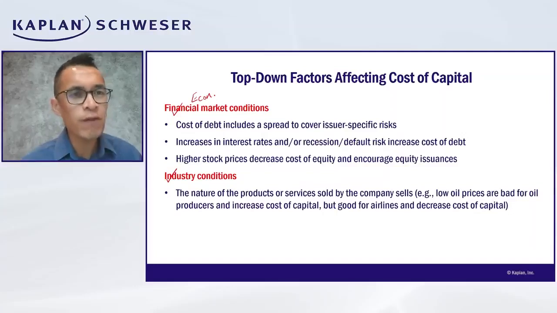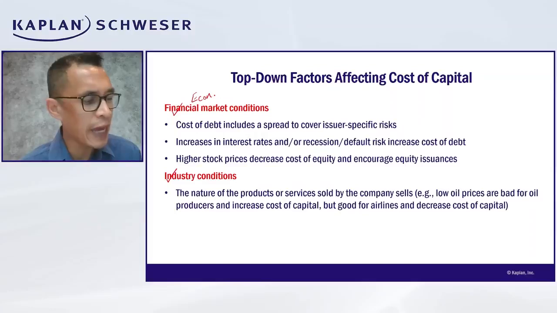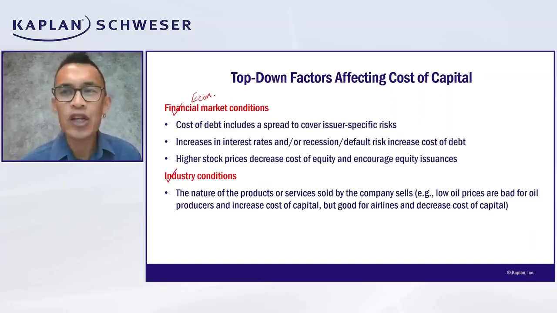If we look at the first one, the economic conditions: macroeconomic and country-specific factors such as real growth, inflation, monetary policy, and exchange rate changes can increase both interest rates and credit spreads. And when credit spreads are low, which implies higher bond prices, that encourages bond issuances.